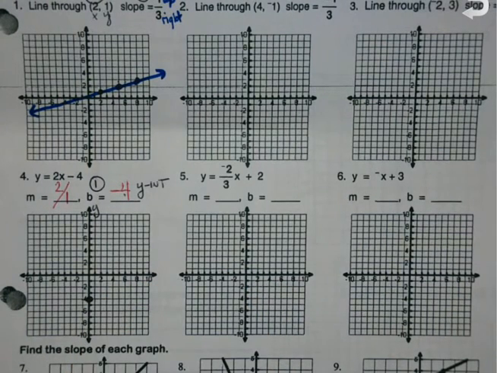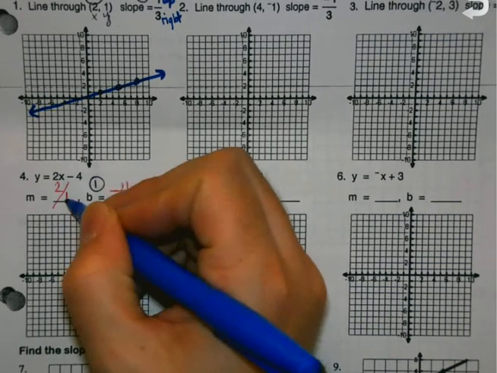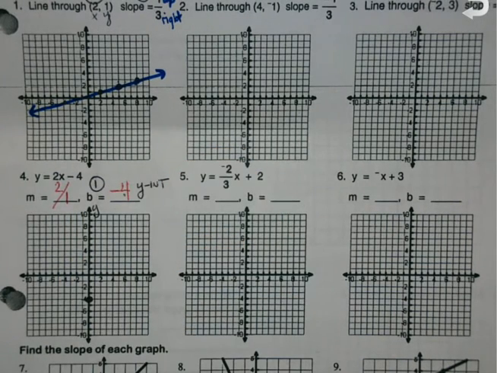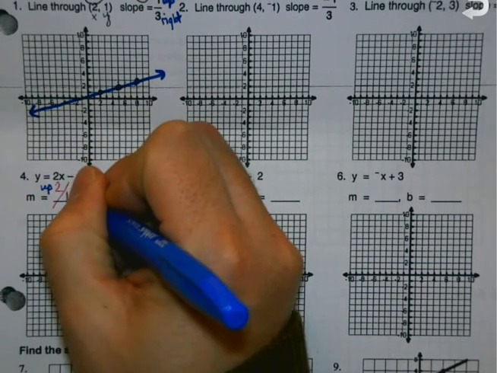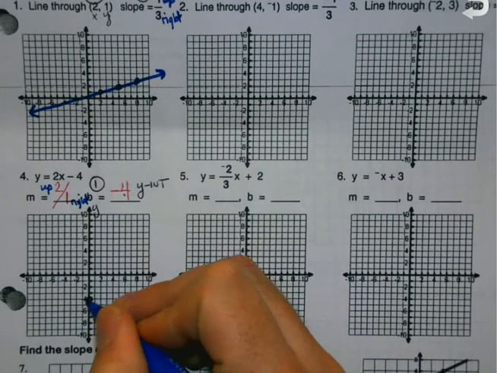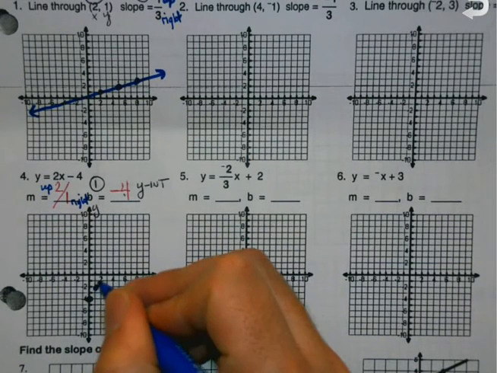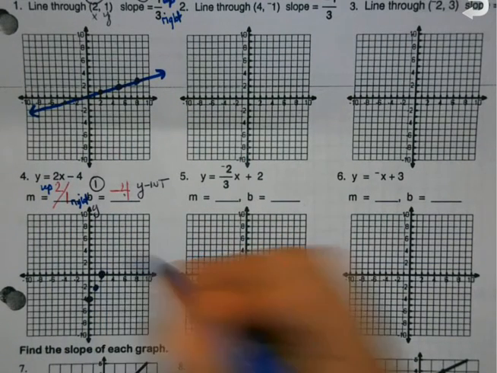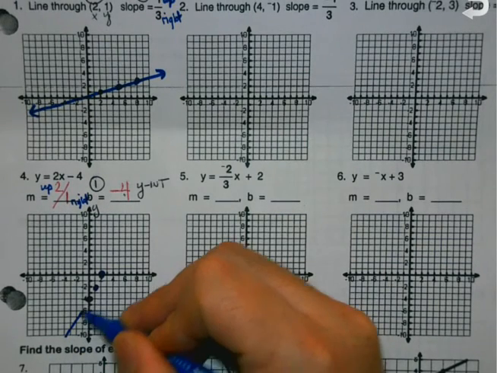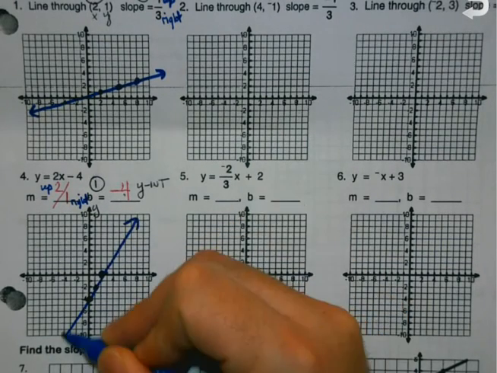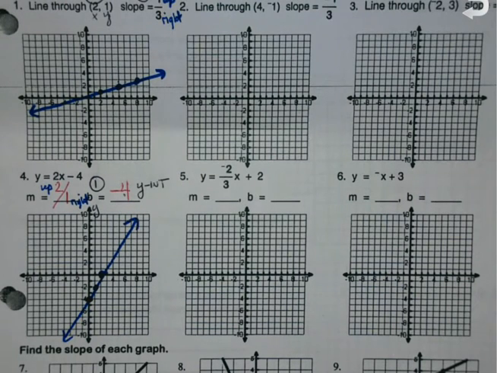And then from that dot, I've got to go my slope. Now what's this 2 over 1 mean actually? Up 2 and 1 to the right. And again, I'll put a couple of dots. I want to be accurate. And I can see that those dots would make a line, so it makes me feel a little better. And draw my line through.